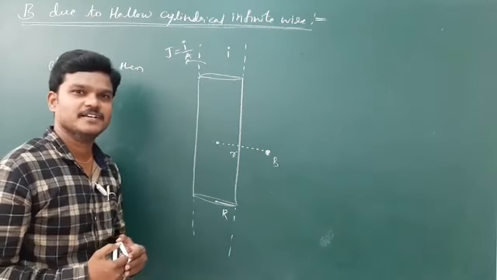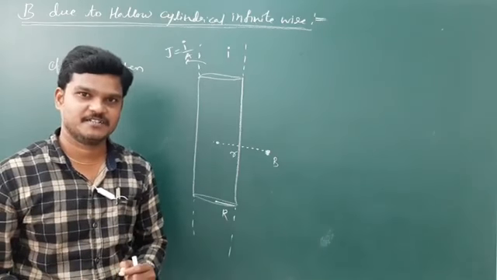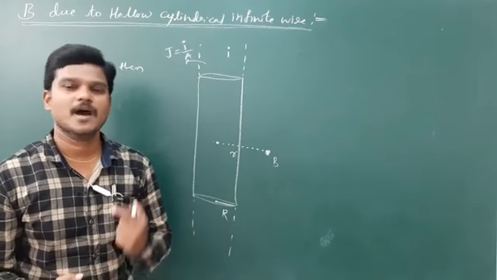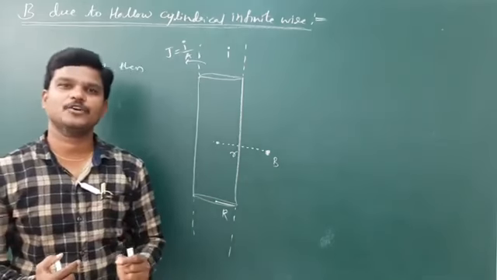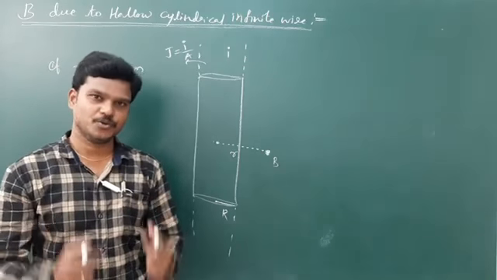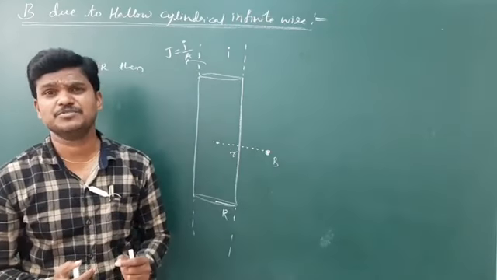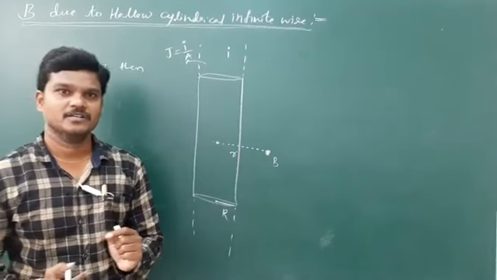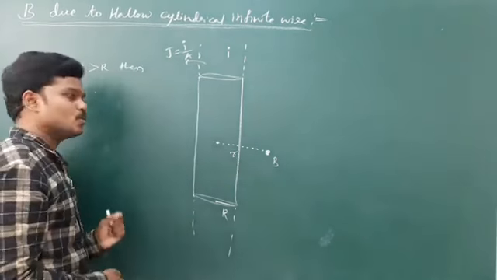In electrostatics, we imagined a Gaussian surface. Now here, you imagine a loop called an Amperian loop, because Ampere's law is applicable for closed loops. And you know that the closed integral of B dot dl is equal to mu naught times the net current enclosed by the loop. So Ampere's law is like Gauss law in electrostatics.